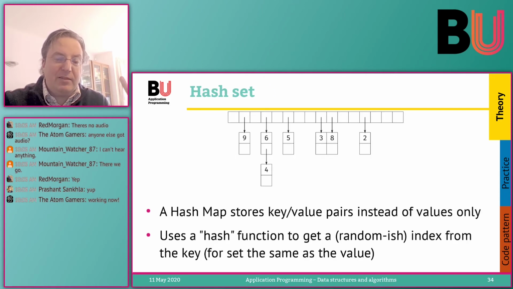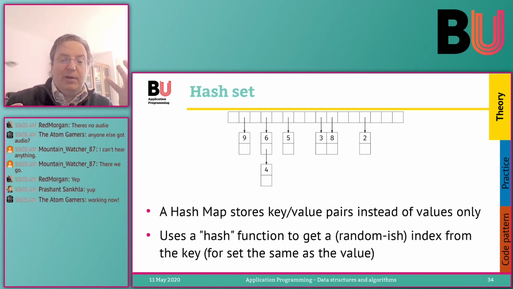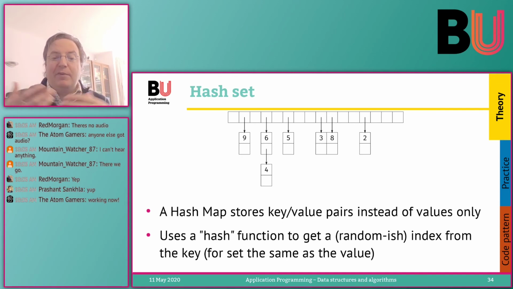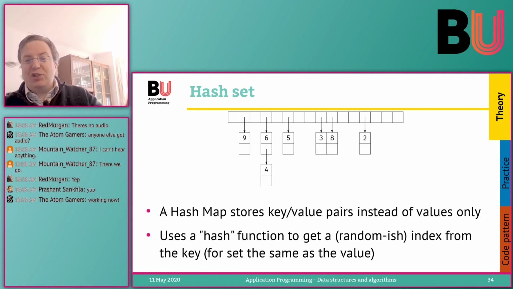A hash set is the idea where you have keys and values, but if your keys are complex, if they're not just integer indices, and they are not contiguous, you need to be able to somehow have some reasonably compact data structure to store your values, that you can find them based on your key in a fast way.